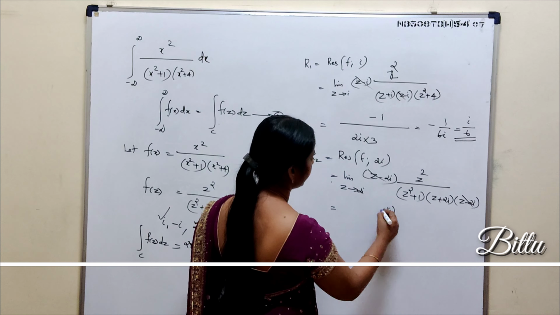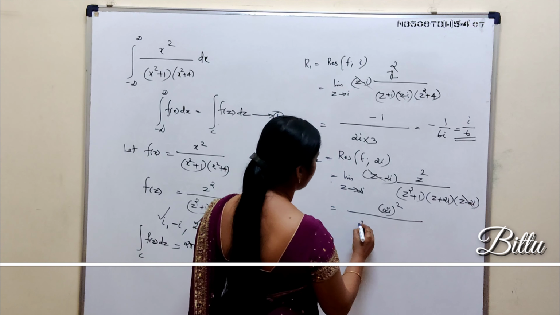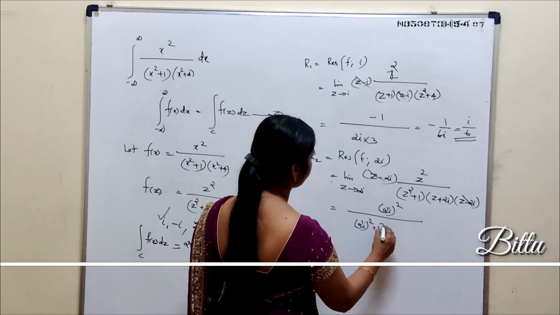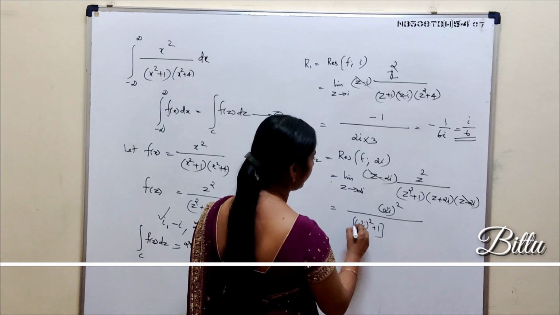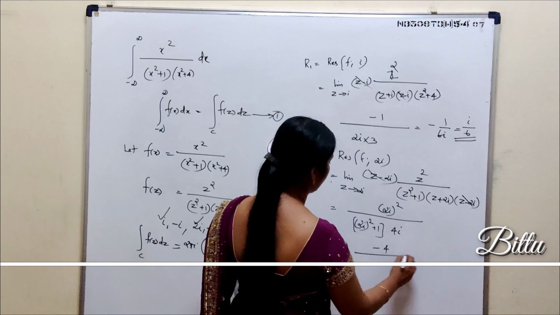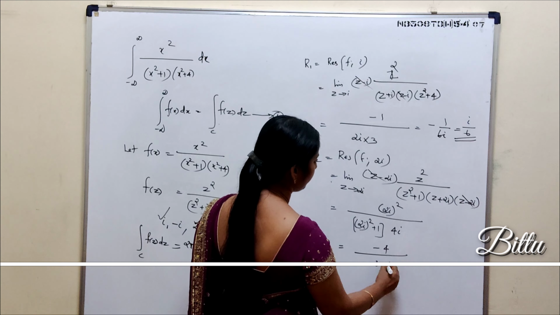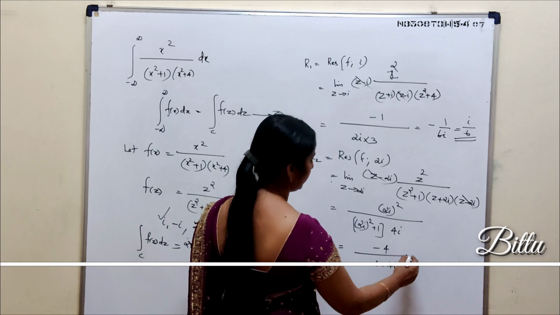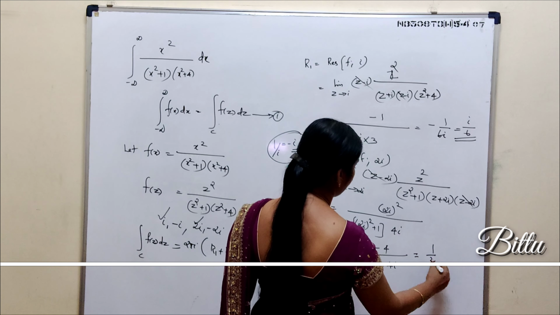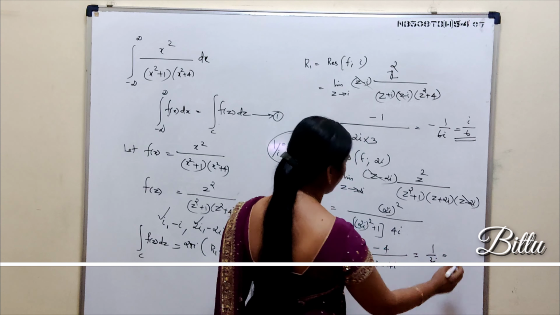So (2i) the whole square divided by ((2i) the whole square plus 1) into 4i. So it is minus 4 divided by (minus 4 plus 1), which is minus 3, into 4i. So 1 by 3i, and 1 by 3i is minus i by 3. This is R2. So we have R1 is i by 6, R2 is minus i by 3.